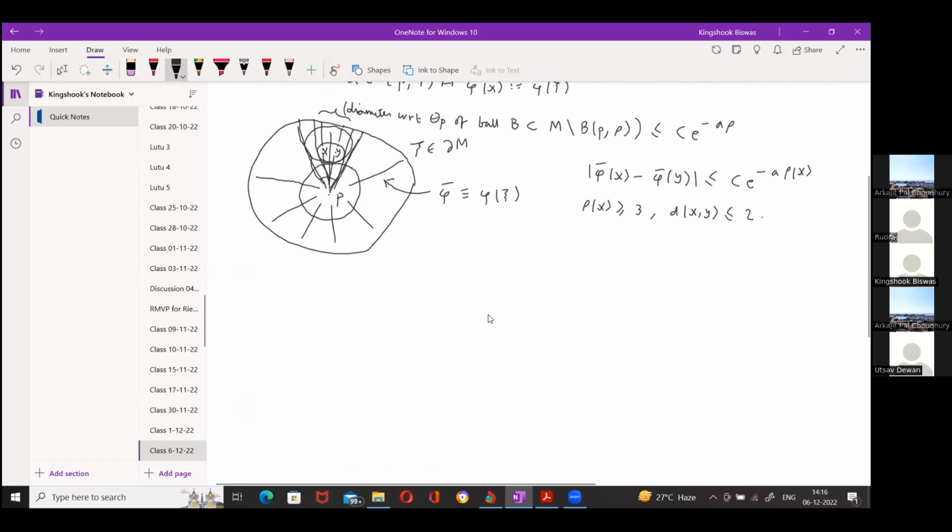So notice this property of negative curvature. Let me just explain what happens in non-positive curvature.